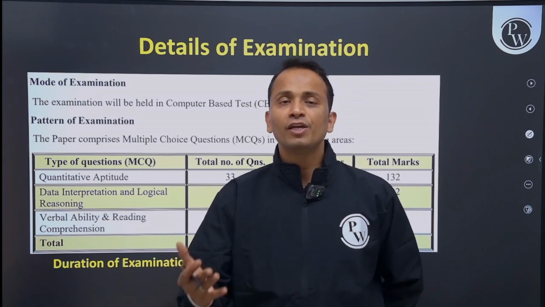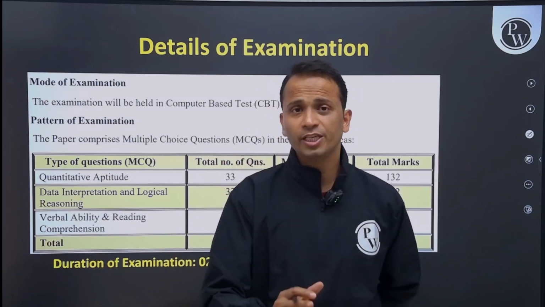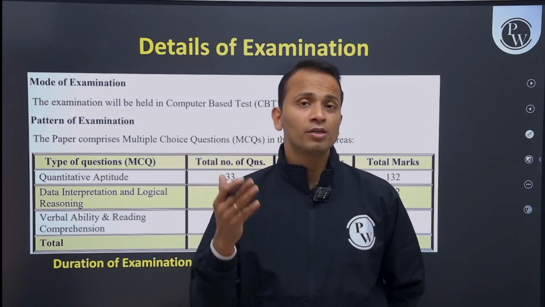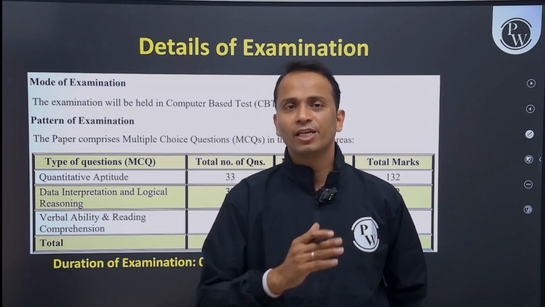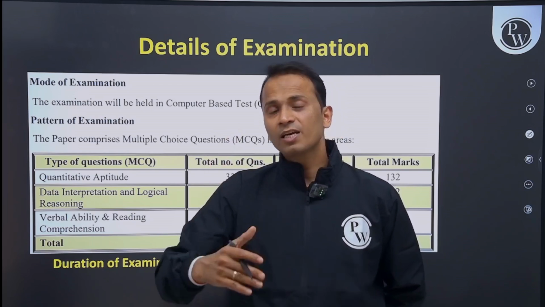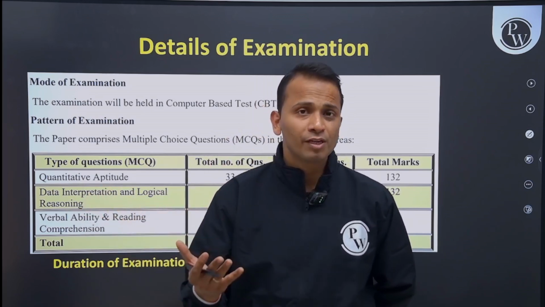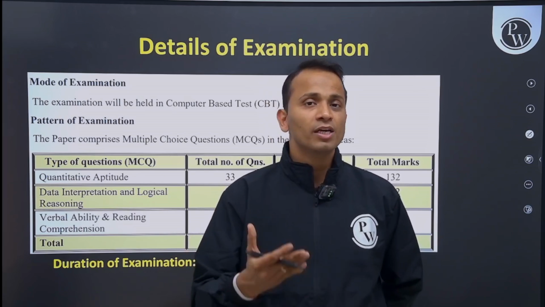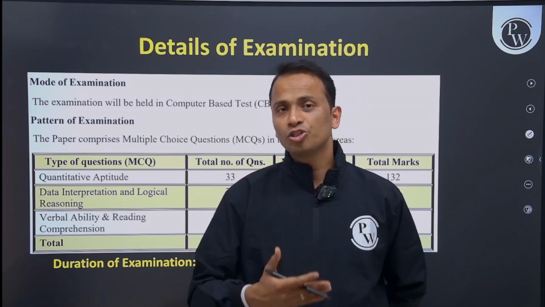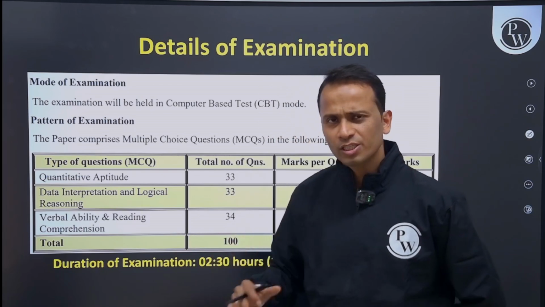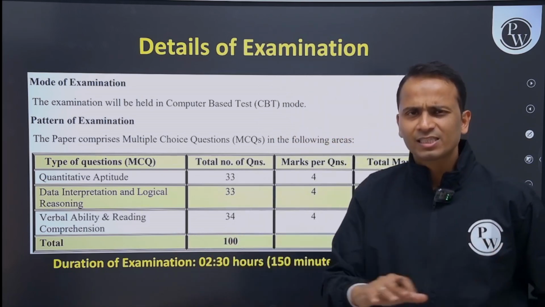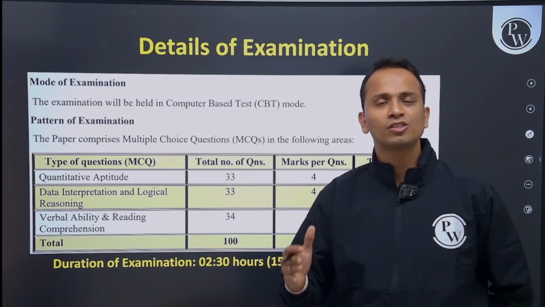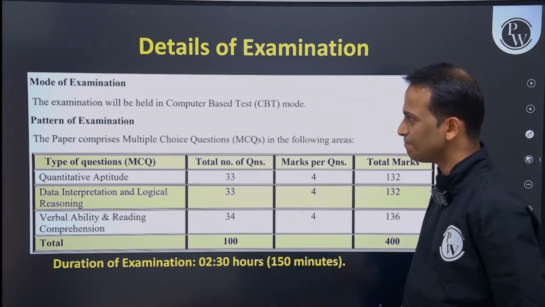The level of difficulty of questions will not change, it will not depend on if you have attempted the question correctly or not, right? Whereas in computer adaptive test, it is adaptive, so the level of difficulty of the next question will depend on if you have attempted the first question correctly or not, right? So this is computer based test. The test is fixed, the examination is already fixed and the same questions will appear for every candidate, right?